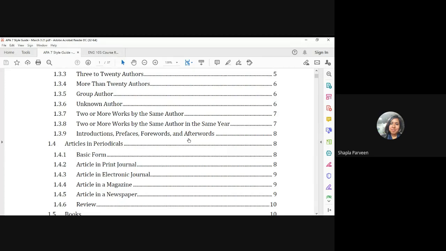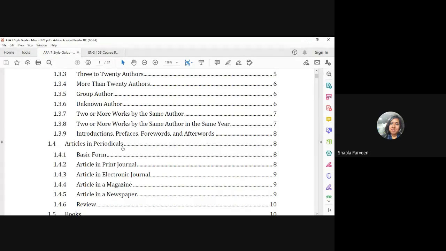Each chapter is contributed by a different author, so the book is a collection. In these types of publications, normally there'd be introductions, prefaces, forewords, things like that, which the editors usually write. And if you borrow information from those places, there's another rule that applies.